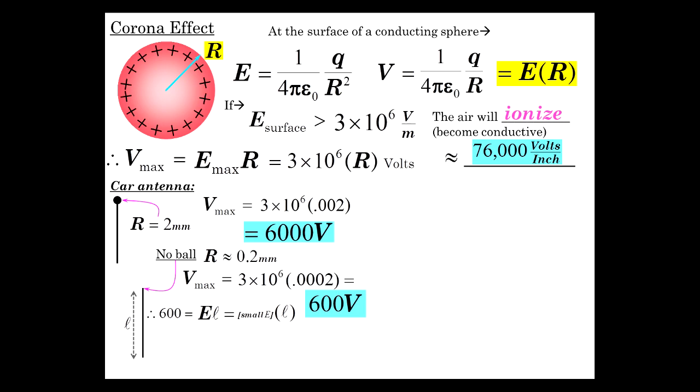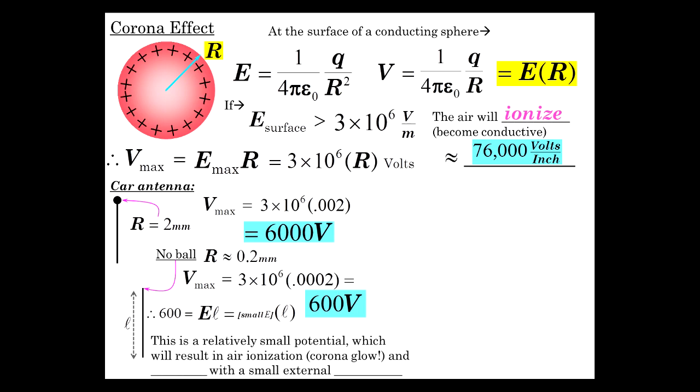All right. So in a practical sense, we put the sphere, that metal ball up there, to reduce the possibility of a corona discharge. So it's a relatively small potential, 600 volts, and that's the point that will result in the ionization of the air, or the corona discharge, the corona glow.